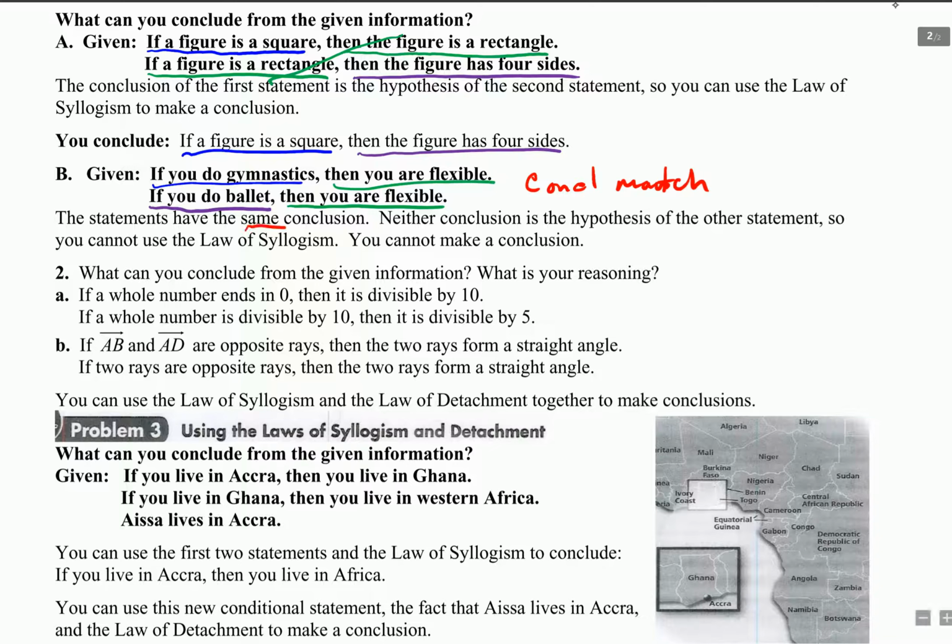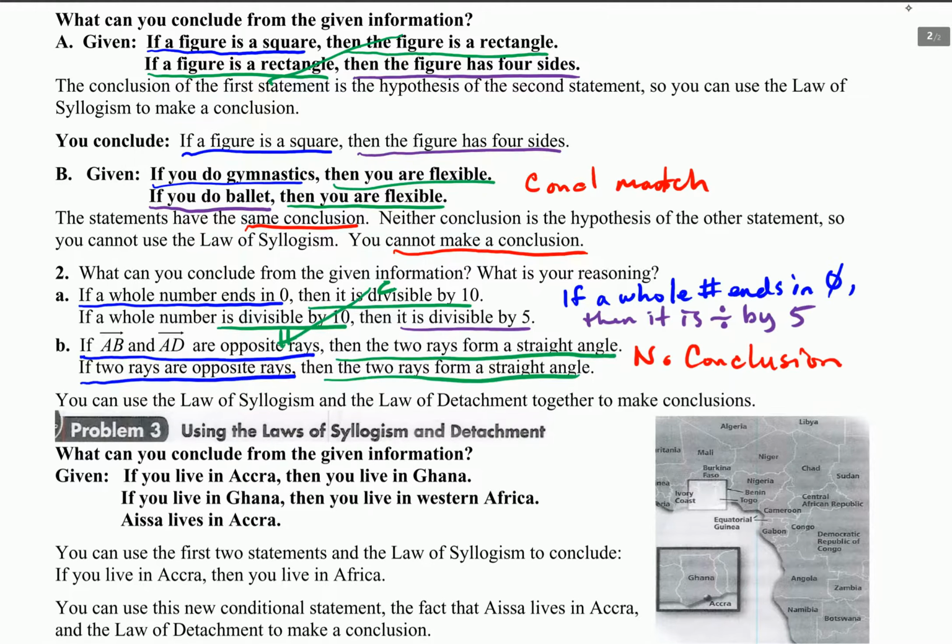And same conclusion is not what we're after. You cannot use the law of syllogism. You cannot make a conclusion. So you have two true conditionals. The hypothesis of one matches the conclusion of the other one, and then you can combine them. All right, pause the video and give it a shot.